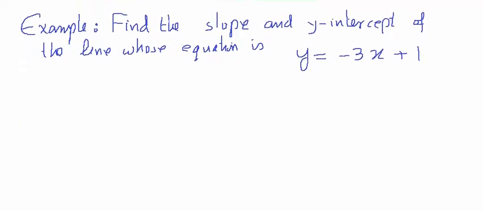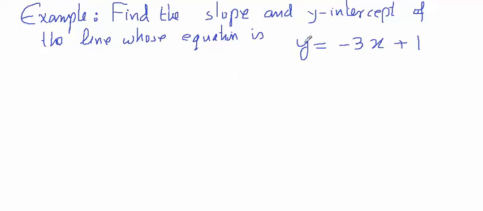So here they are asking to find the slope or the gradient and also the y-intercept. So slope or gradient is m and y-intercept is c. We know that in the equation the coefficient of x, the number which is written with x, is always the value of m, and this one with its sign is the value of c or the value of b.